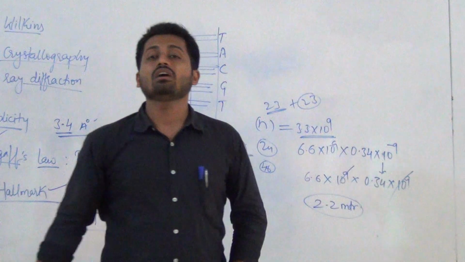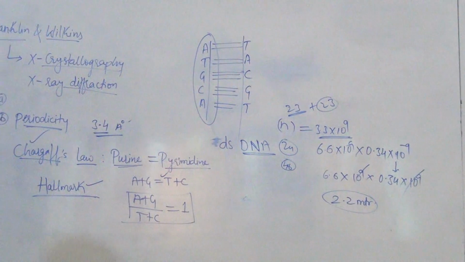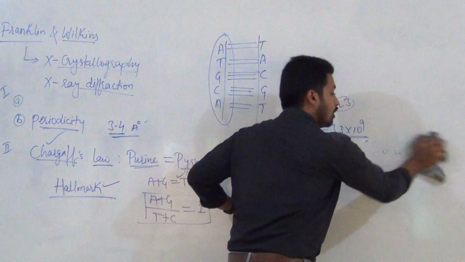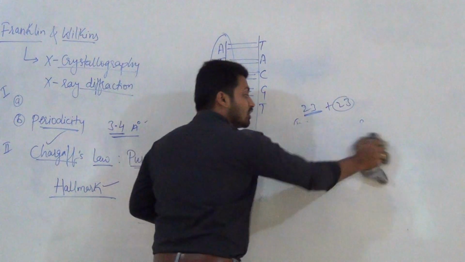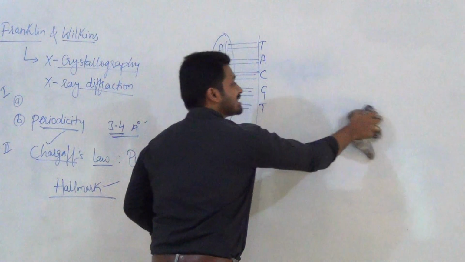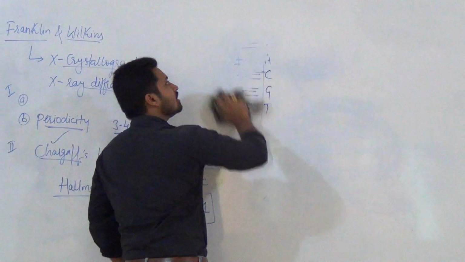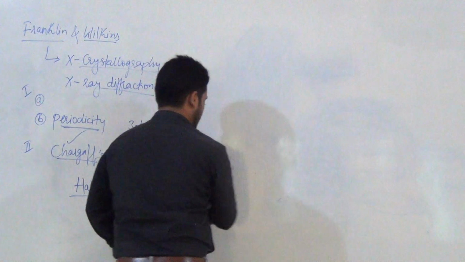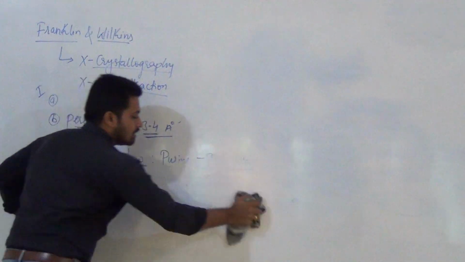What was the question? How is such a long DNA stored in a small nucleus which has how much size? 1 micron only. For a mammalian cell, you can call the size of the nucleus 1 micron or 10 to the power minus 9 meter, like that.